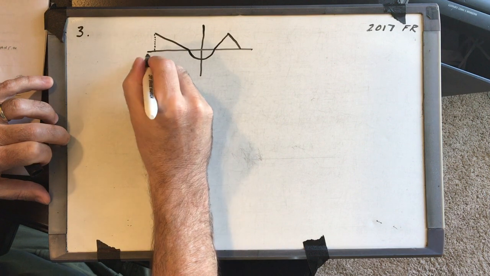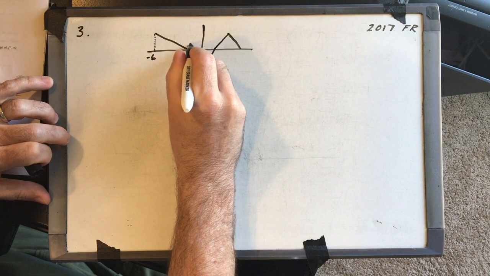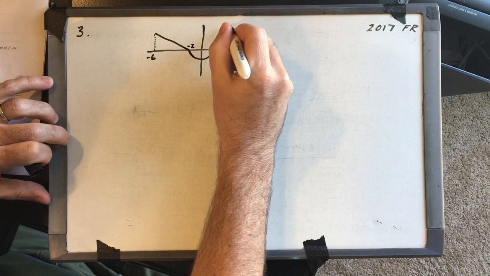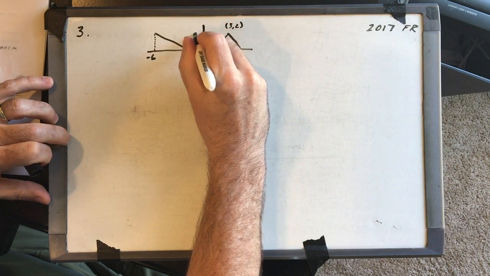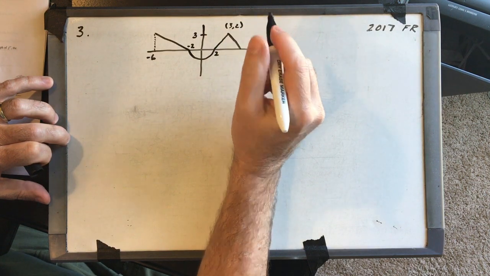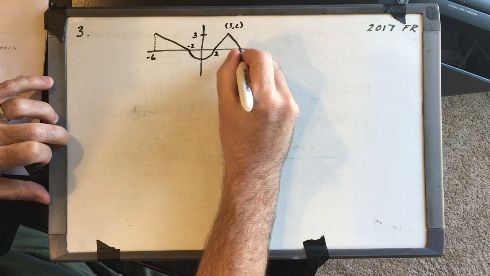We are at -6, here at -2, and then that's at 2. This is the point 3, 2, so you have a height of 3 there. And this is at 5.